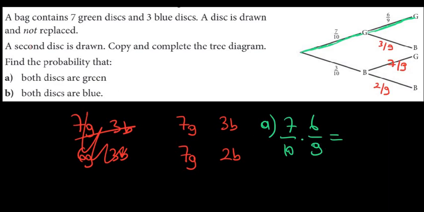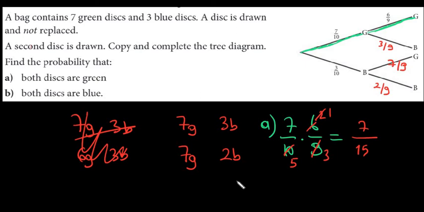And now let's do simplification. Divide by 3, 2, and divide by 3, 3. And these are divisible by 2, divide by 2, 1, and divide by 2, 5. So 7 times 1 is 7 over 5 times 3 is 15. This is the answer to the first.